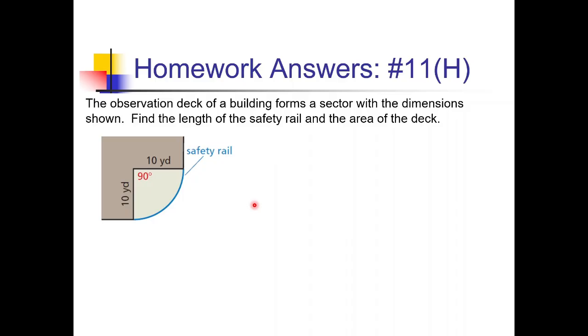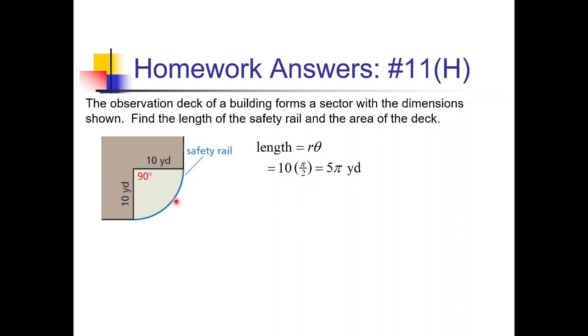The formula for that is going to be r theta, where r is this 10-yard radius, and theta is this angle, but we have to put it in radians because that's how this formula expects it to be. So 90 is really pi over 2 radians. And then 10 divided by 2 is 5, so this is 5 pi, and that's going to be in yards.